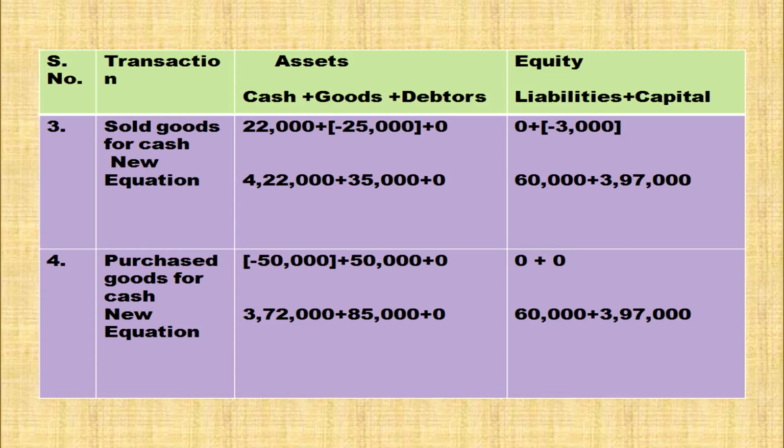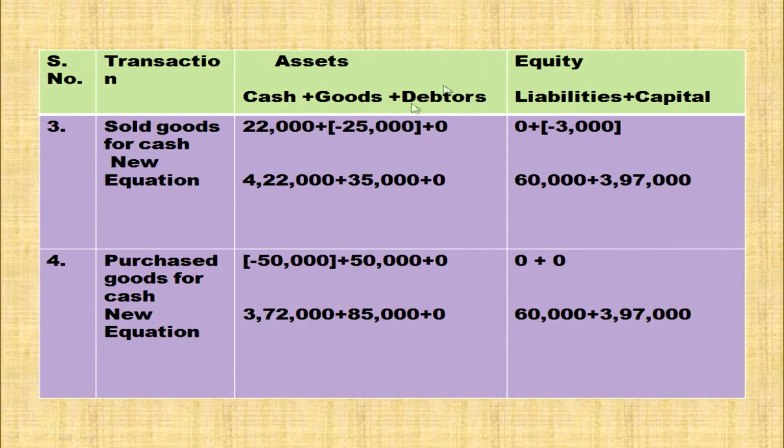And from the earlier accounting equation, when we deduct, we will get the new accounting equation as 4,22,000 cash, 35,000 goods, and on the liability side, the earlier accounting equation will be added, 60,000 liability plus capital 3,97,000. On both sides, the total is the same.